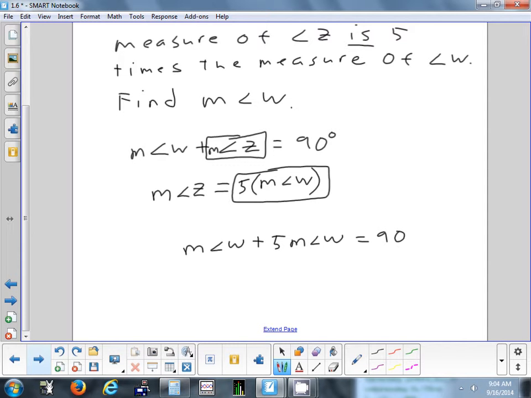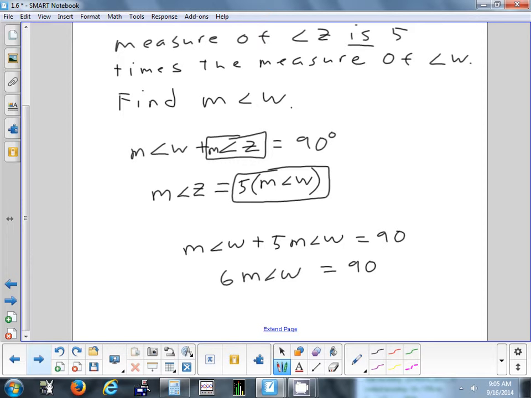What happens on the left-hand side? What's the measure of angle W plus 5 times the measure of angle W? Well, it does equal 90, but we can combine. These are like terms. 6 measures of angle W. That's 6 times the measure of angle W. If it's confusing, think of it as x plus 5x, 6x. Okay? So 6 times the measure of angle W equals 90.